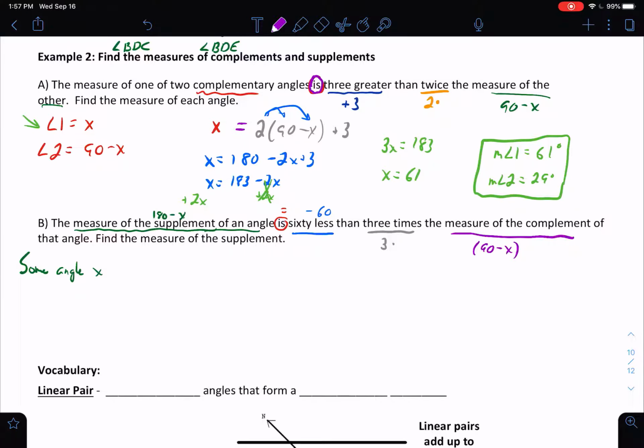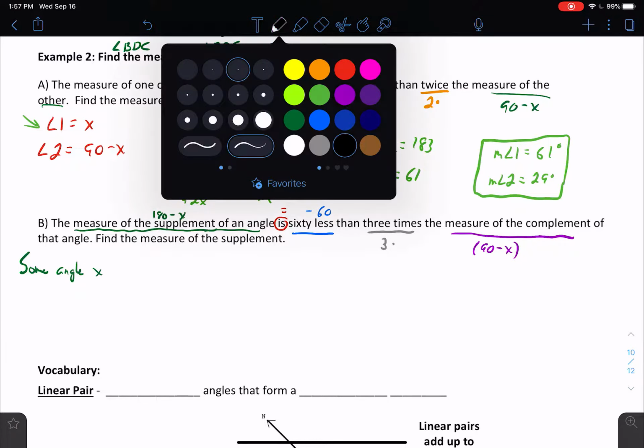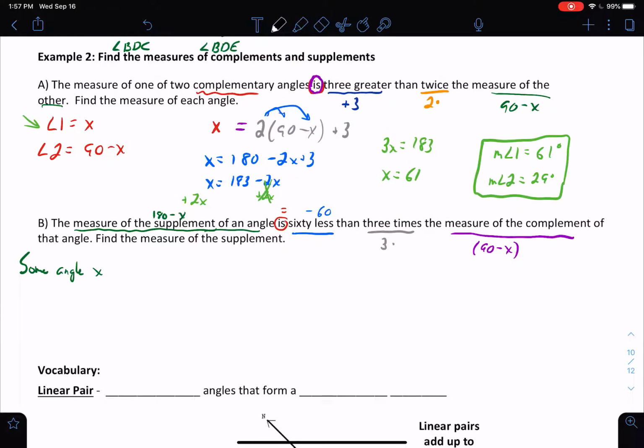So let's put this all together now into an equation. We've got the supplement of an angle, 180 minus x, is 60 less, so I'm going to be taking away 60 from something, 60 less than 3 times the measure of the complement. So I'm taking this 60 away from 3 times the measure of the complement.